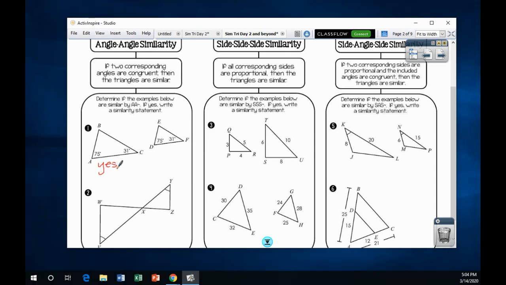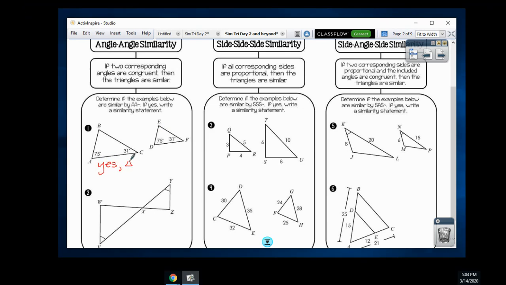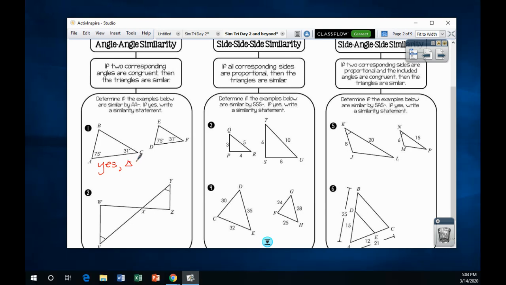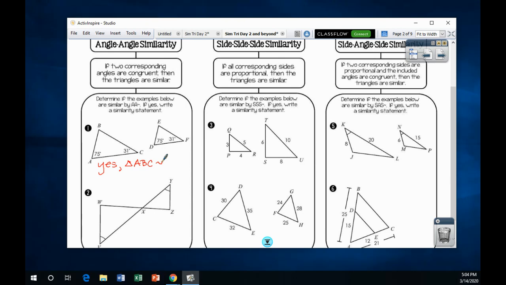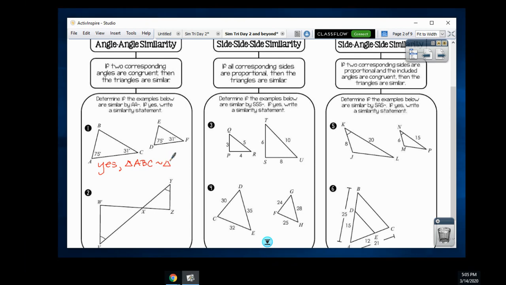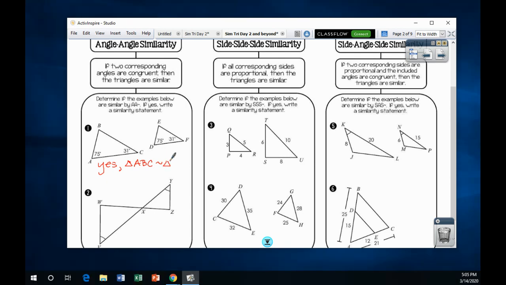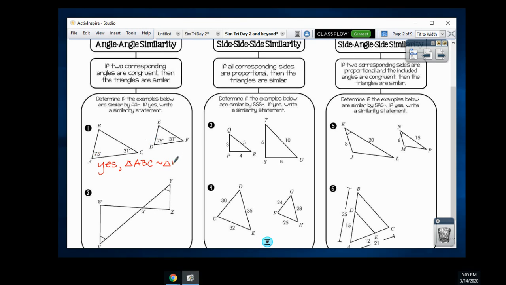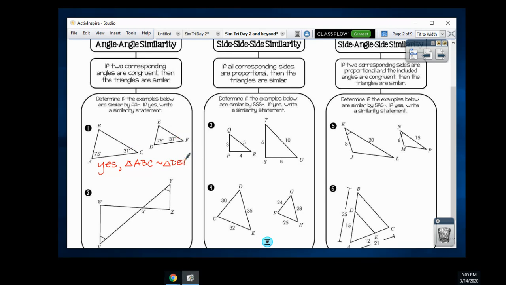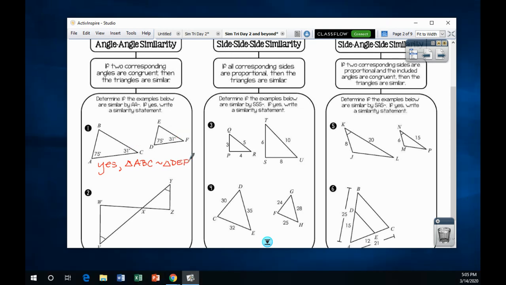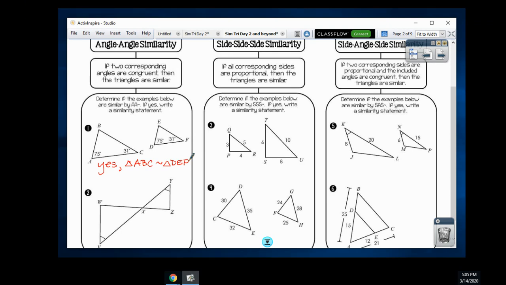These are similar to each other. And so my similarity statement would be triangle ABC is similar to triangle, and I want to get this in the same order. So my 75-degree angle needs to be first, then the angle that I've not marked, E, second, and then my 31-degree angles are last. So triangle DEF.